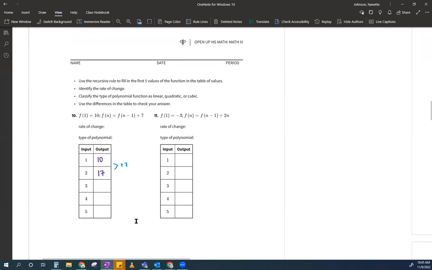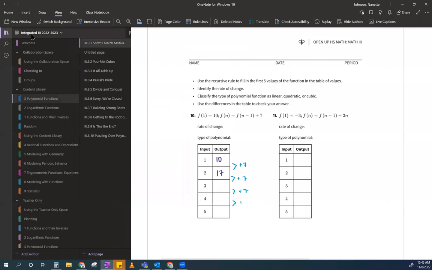So that plus 7, plus 7, plus 7. And some of you are already like, oh, I know what kind of function this is, Miss Johnson, because of blah, blah, blah. Good. Keep going. So I think this is 24. And then it's, I think, 31, and then it's 38. Okay. So just be patient on that as it shows up.